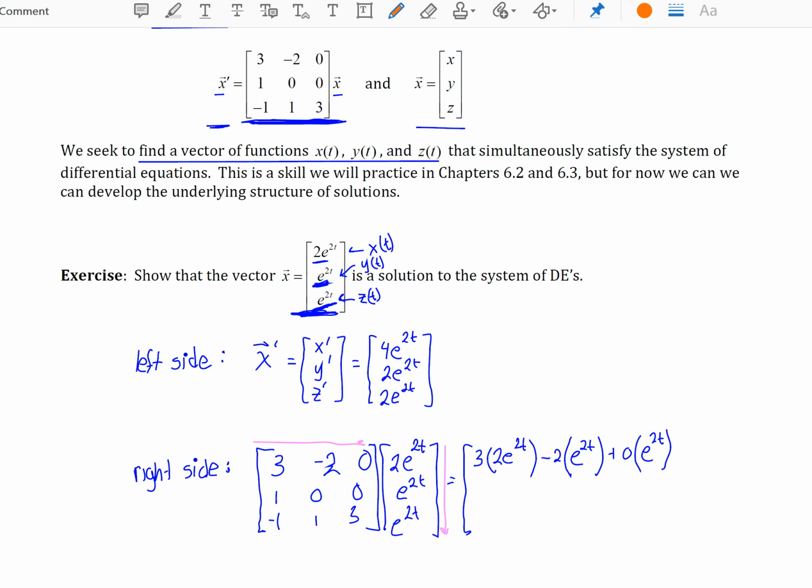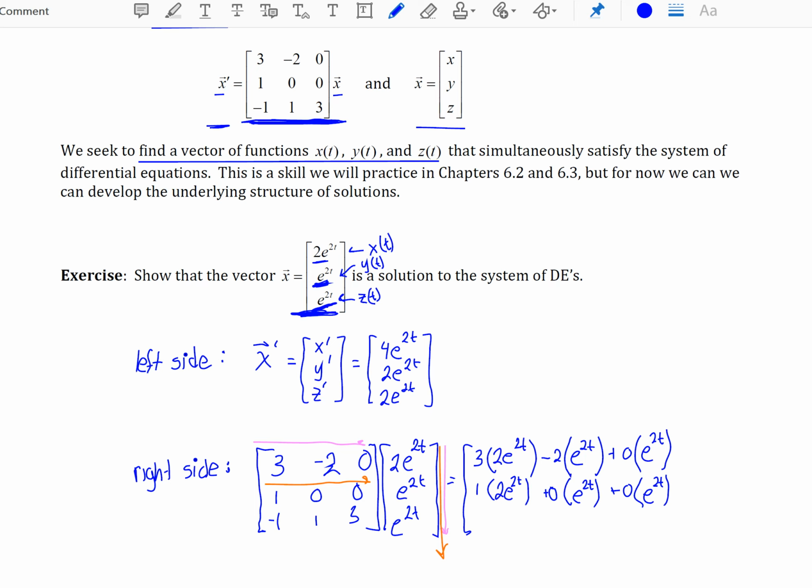Our second entry would be the second row of the matrix A times this column. So this would be 1 times 2e to the 2t plus 0 e to the 2t's plus 0 e to the 2t's.